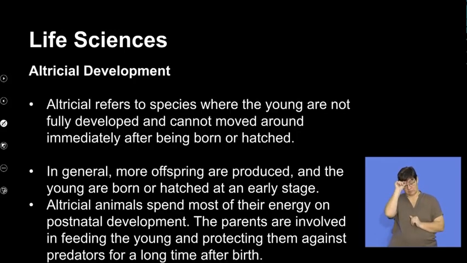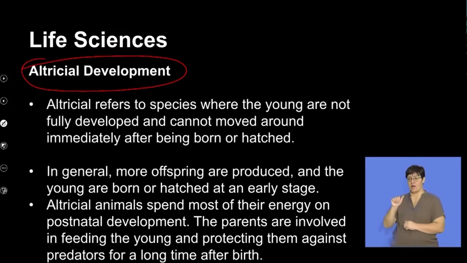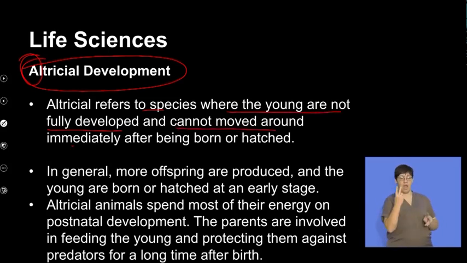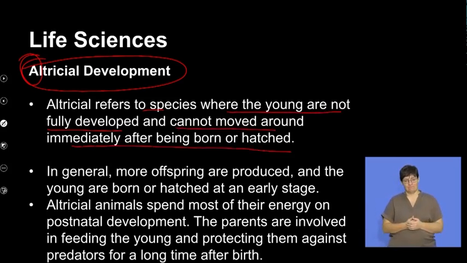Okay, let's move on to altricial development and focus on the word "al" meaning after, and I often refer to this as the species where the young are not fully developed and cannot move around immediately after being born or hatched. So there's a lot of development that happens after they are born.